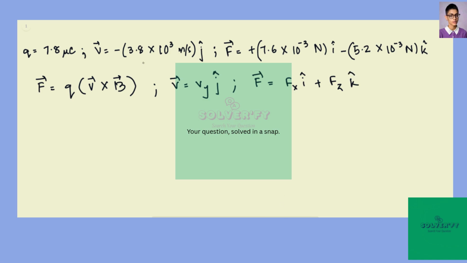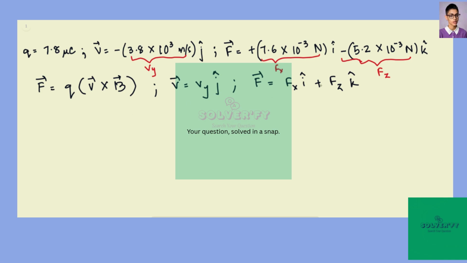So this is basically Vy. This value is Fx, and this value, including the negative sign, is Fz.